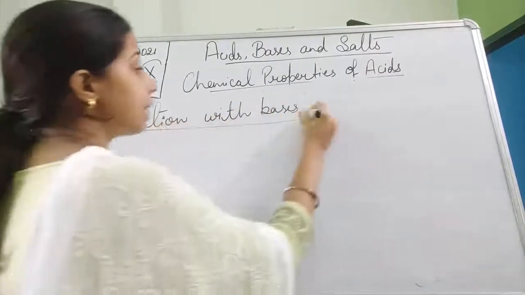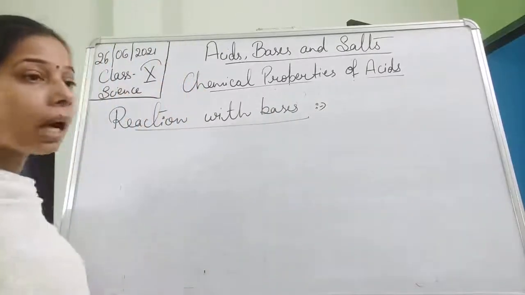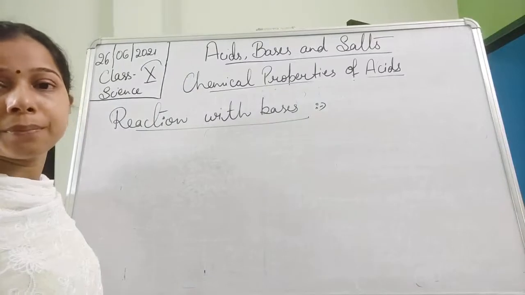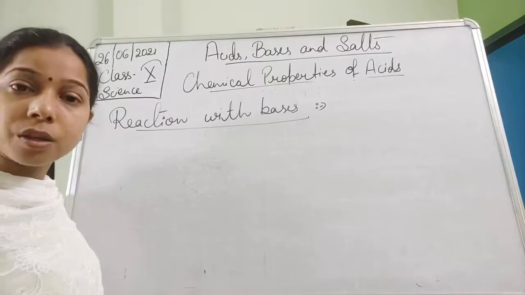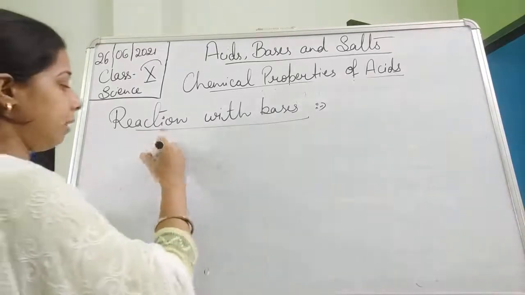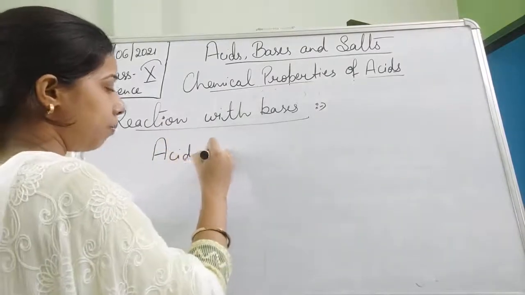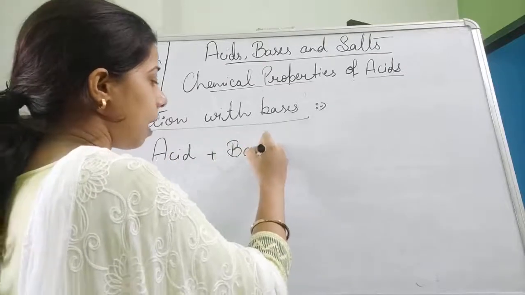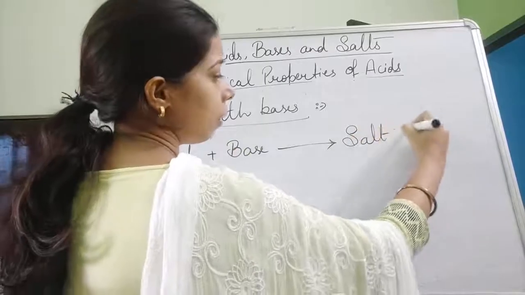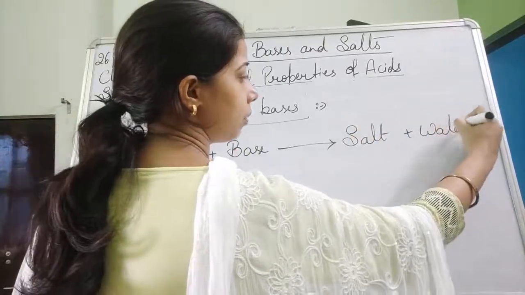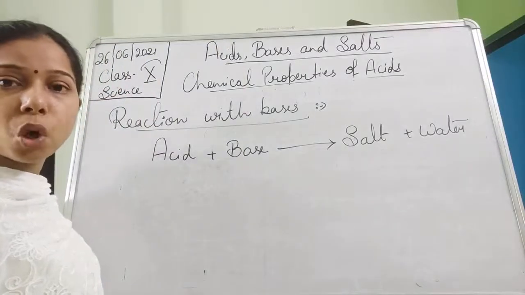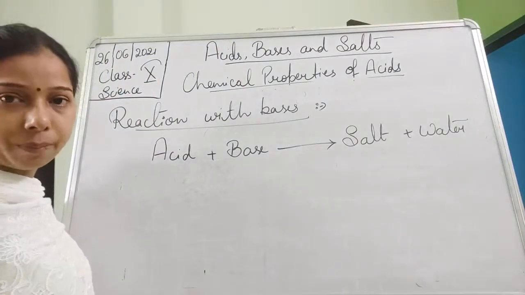When acid reacts with bases, you know that acid and base combine together to form salt, which is neutral, and water is also released. So the reaction will be acid plus base gives salt plus water.